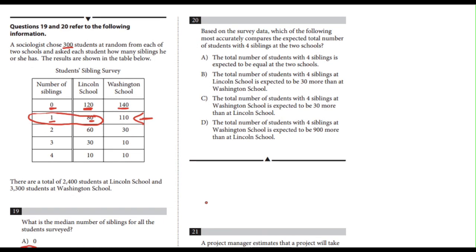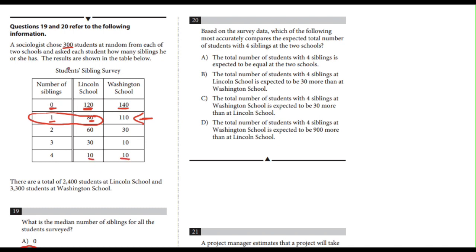Number 20. Based on the survey data, which of the following most accurately compares the expected total number of students with 4 siblings at the two schools? So we know that 300 students were surveyed in each school, and for 4 siblings, each school had 10 people say that they had 4 siblings.